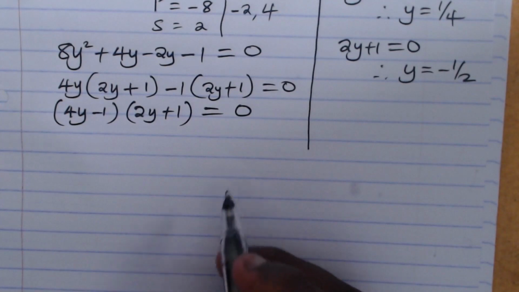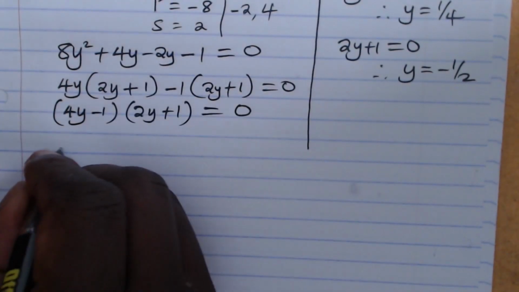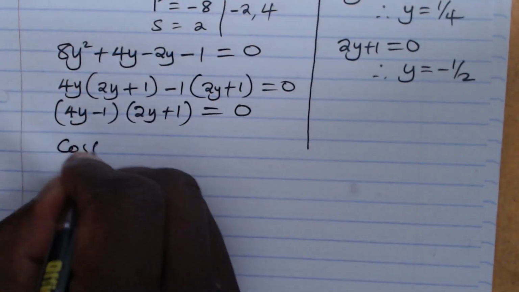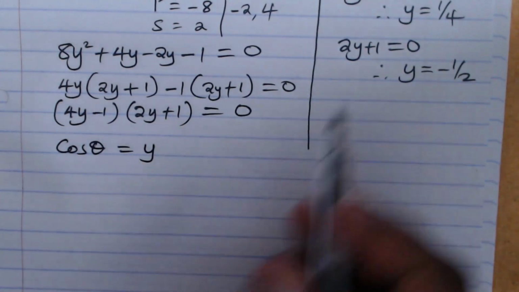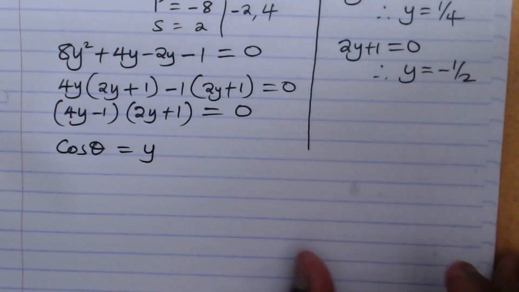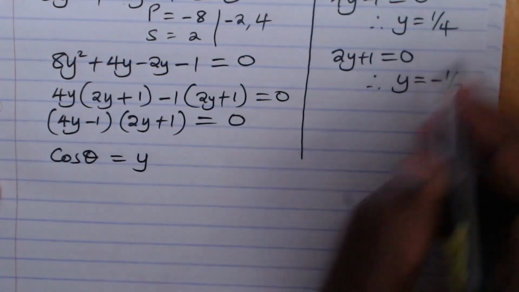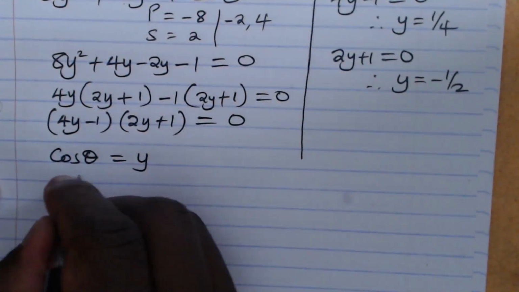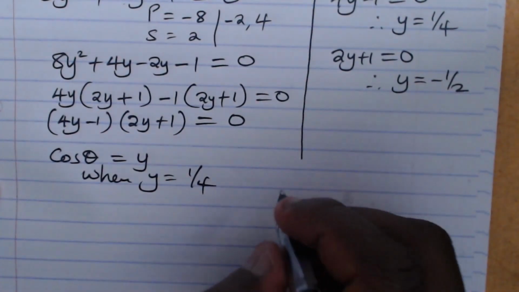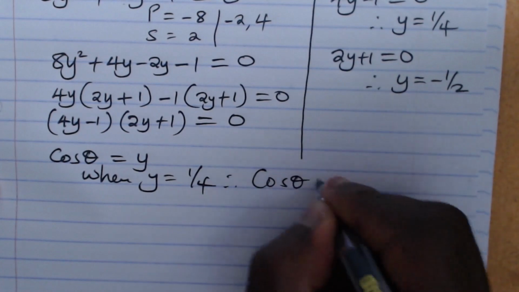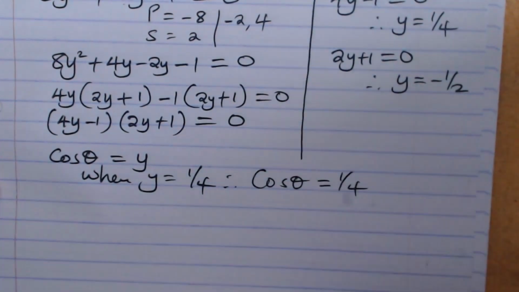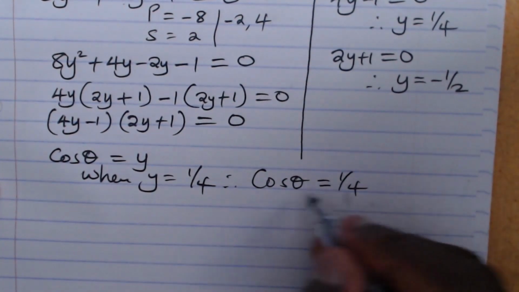Remember what y was? We had let y be cosine theta, and you have got one value of y, which is 1 over 4. So when y is 1 over 4, cosine theta is equal to 1 over 4. So we need now to get the angle. How do we get the angle?